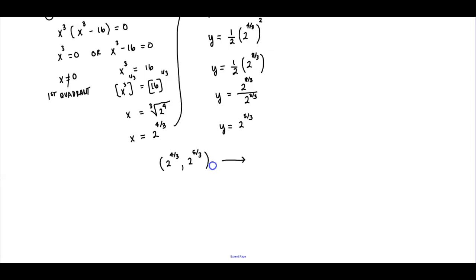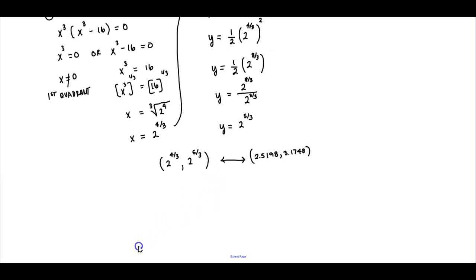If you wanted to calculate this on your calculator and find an approximation, you're going to get 2.5198 for the x, and then 3.1748.